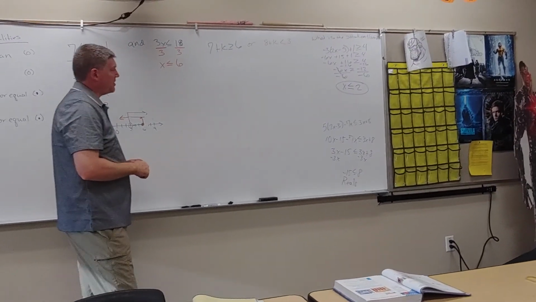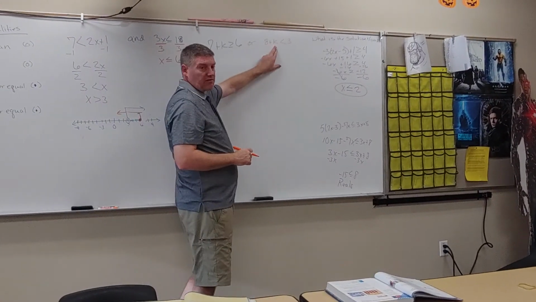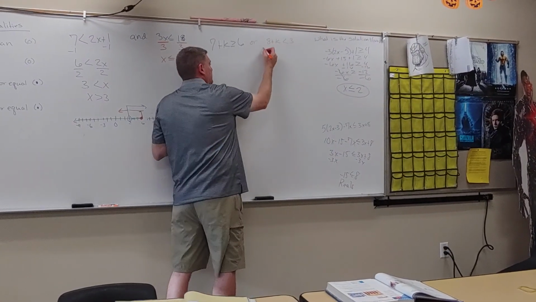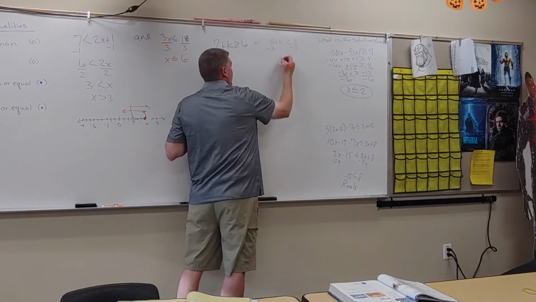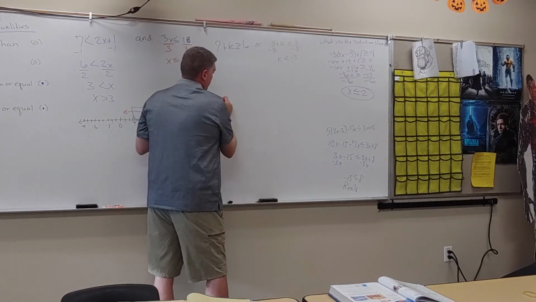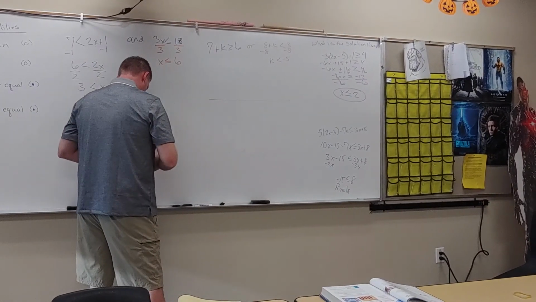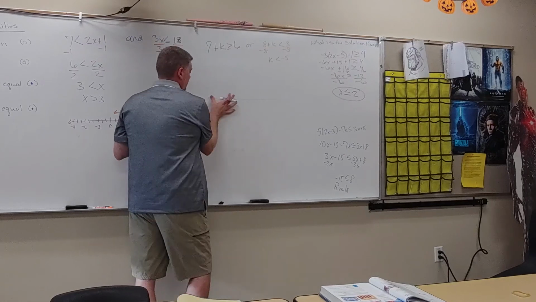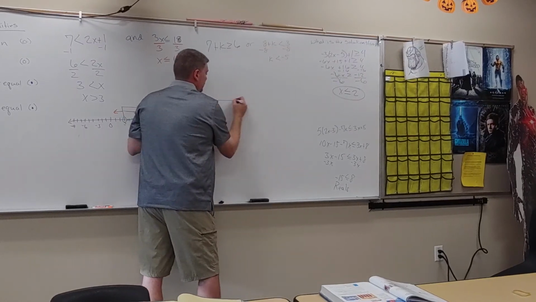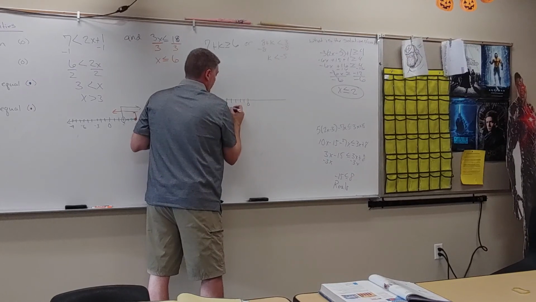Okay? So I'm going to start with my orange here. I only have 1k, so I'm going to isolate it. So I'm going to subtract off 8 from both sides. K is less than negative 5. Okay? Put this number line in blue so it's a little easier to see. 0, 1, 2, 3, 4, 5.